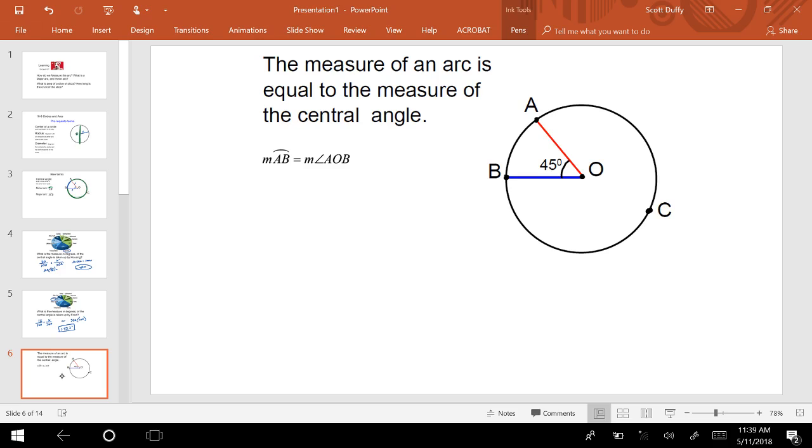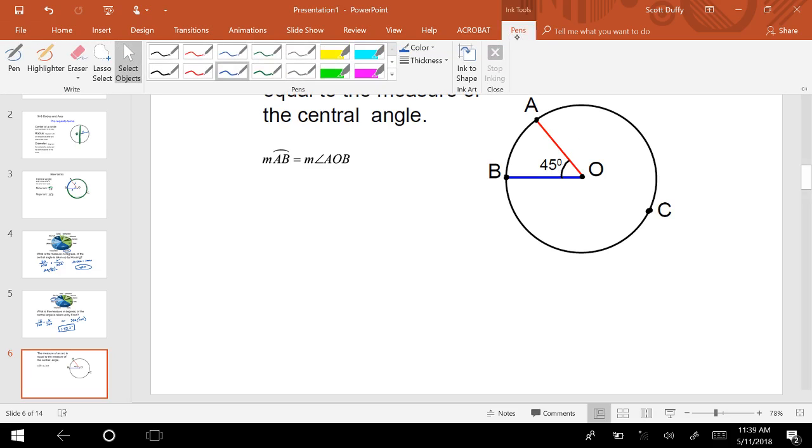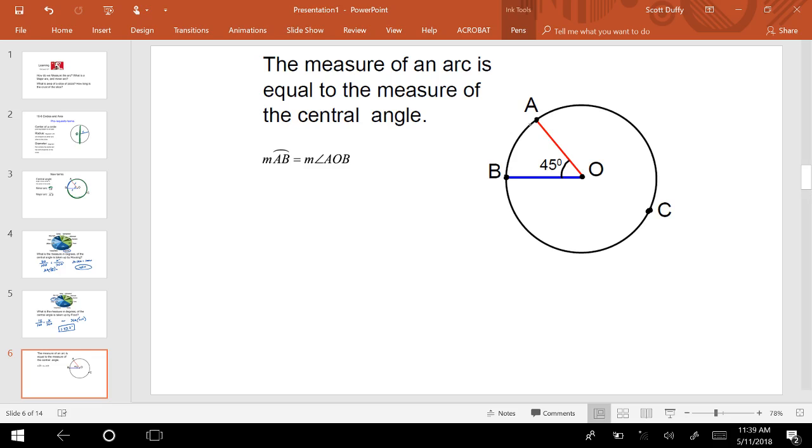The measure of an arc is equal to the measure of the central angle. So, if the central angle is 45 degrees, you could also say that this arc is 45 degrees. So we could say the measure of AB equals 45 degrees.